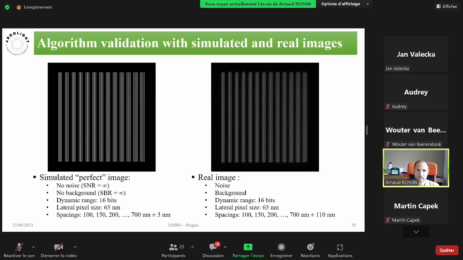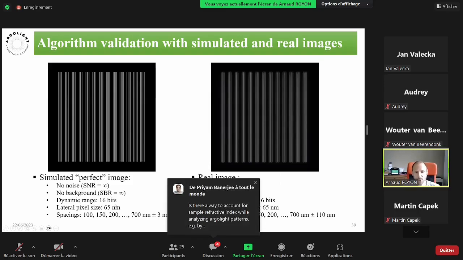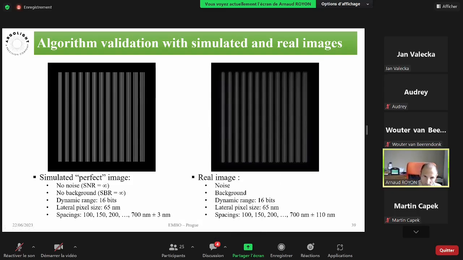To validate our approach, we tested both a simulated and a real image. A simulated perfect image without any noise, without any background, with a dynamic range of 16 bits and an actual pixel size of 65 nanometers. And in the real image, of course, you have noise and you have background.